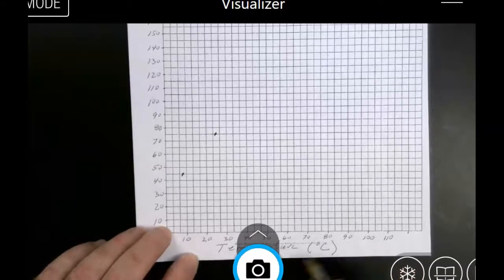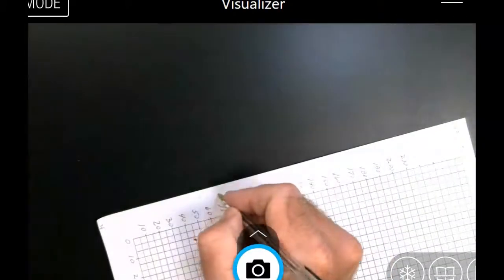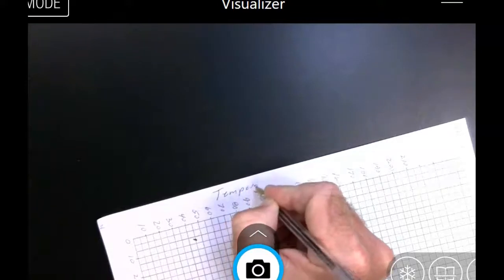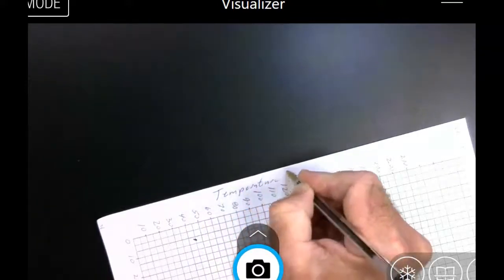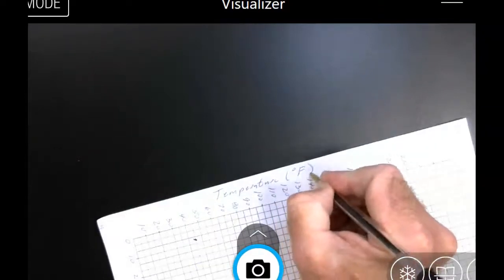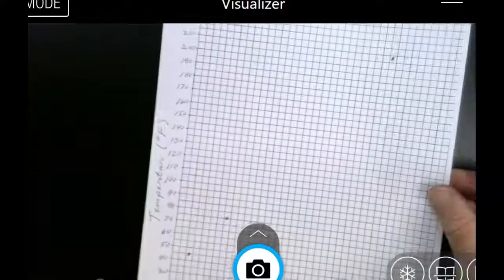So I have temperature in degrees C on this axis, and on the y-axis I have temperature in degrees Fahrenheit. So I'm going to label that with the degrees Fahrenheit in parentheses.